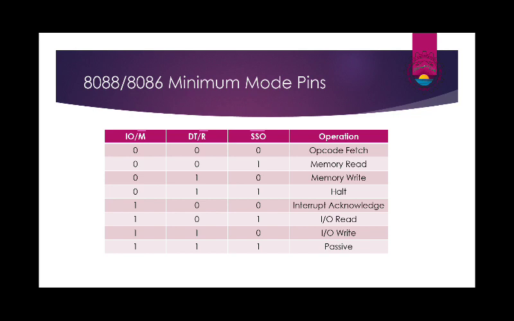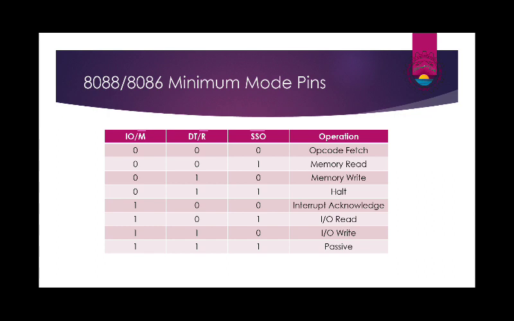Opcode fetch bus cycle will be bringing decodable data from memory, and that will be an instruction opcode. So you are going to access memory during opcode fetch bus cycle. So IO slash M bar is having logic 0 and data will be received by the microprocessor.